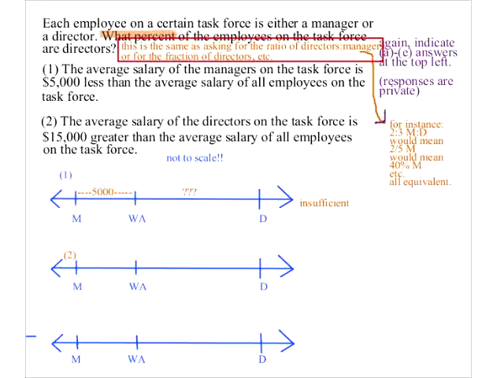we don't know what this distance is, but we know that this distance is 15,000. That's still insufficient, though, because we don't have a ratio.